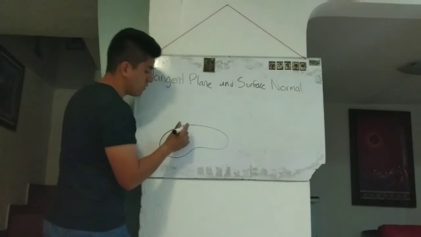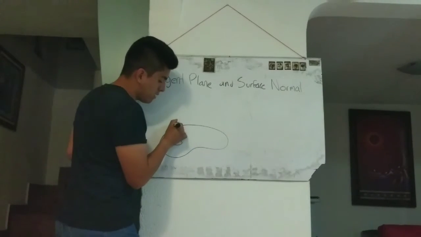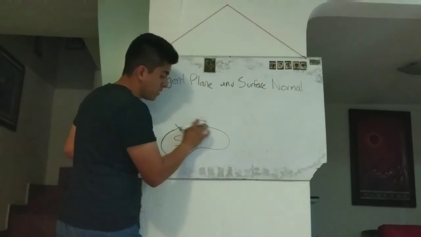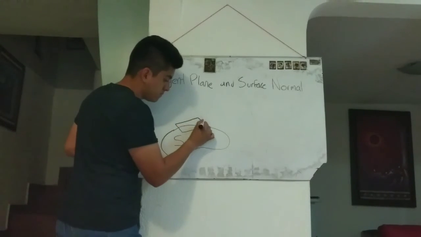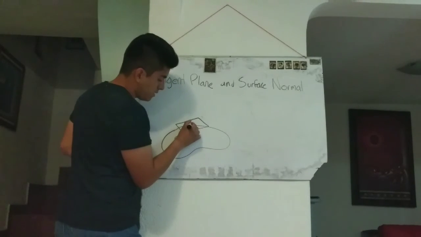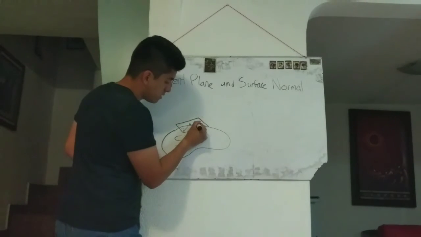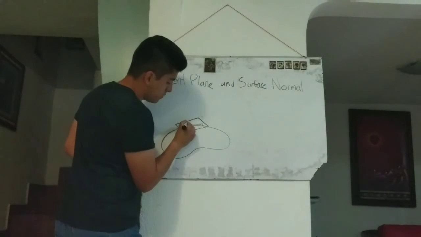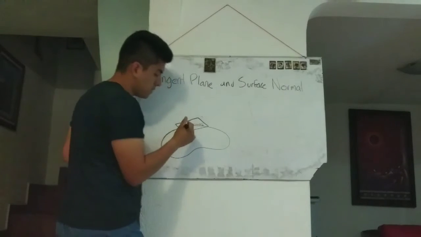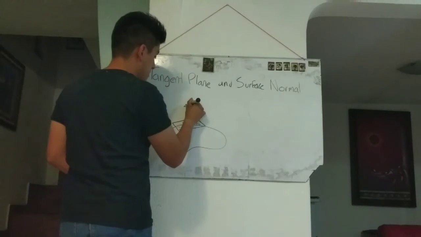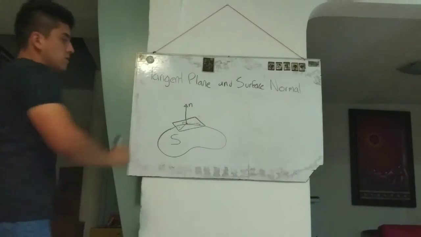This is our surface, and here we're going to have our plane, or tangent plane, and our tangent plane is spanned by ru and rv. This is P, this is the point, and this is N. This is going to be our tangent plane, okay?